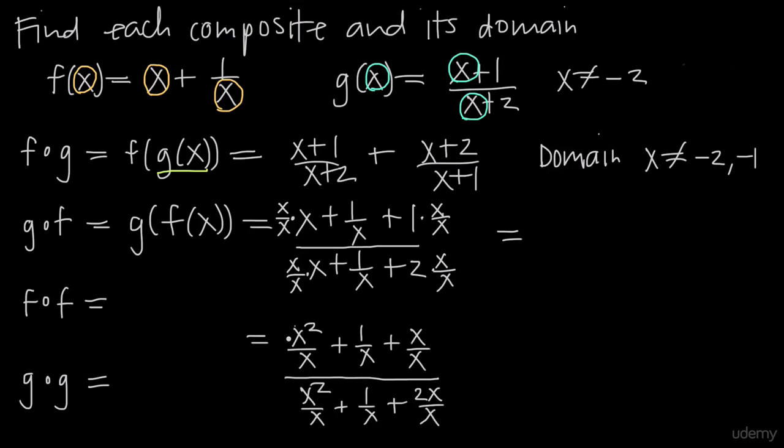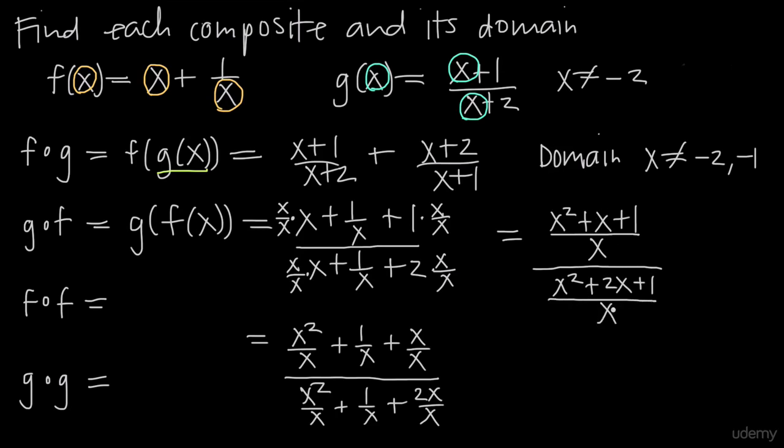So here within the numerator, we're going to have x squared plus 1 plus x. We'll go ahead and reorder those terms. So we have x squared plus x plus 1 all over the common denominator of x. That's just the numerator. Then looking at the denominator here, same thing, x squared plus 1 plus 2x. We'll reorder those terms to x squared plus 2x plus 1 divided by x.